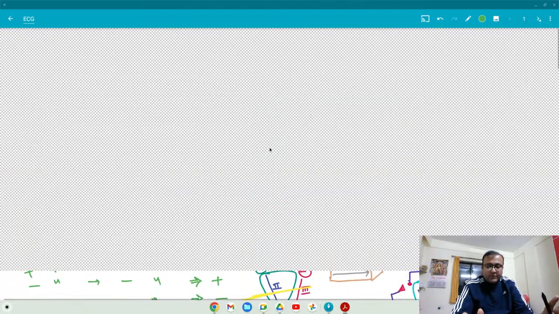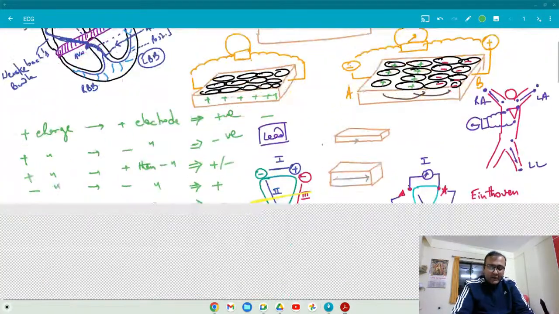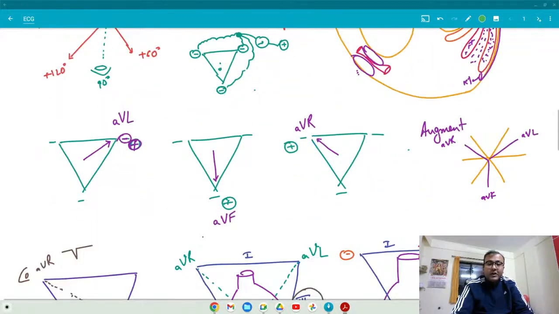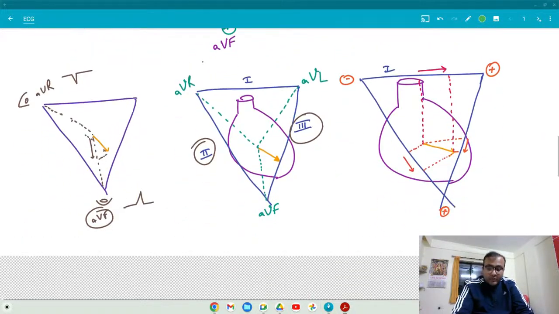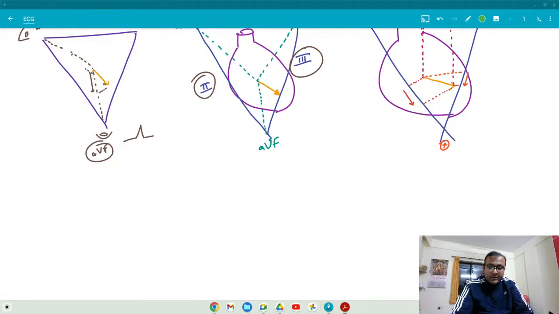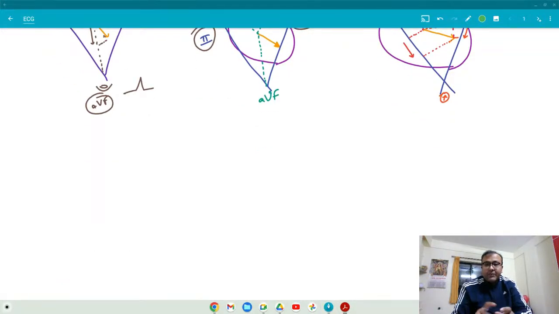So keep yourself cool and calm, and try to understand what we are going to check. I'll give you a rule of thumb, very simple: whenever you check an ECG, the first thing we can check is the person's heart rate. Simple, by checking the QRS complex, right? Check out the RR interval.